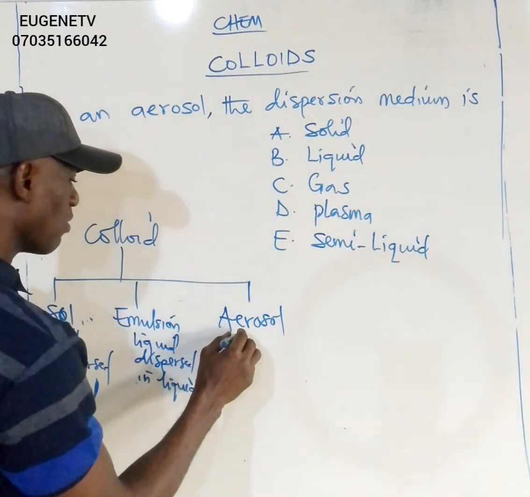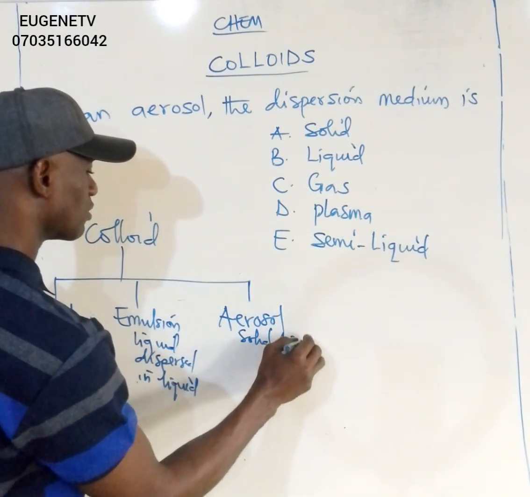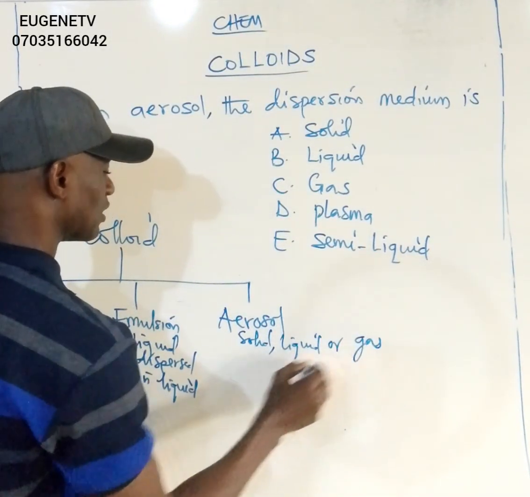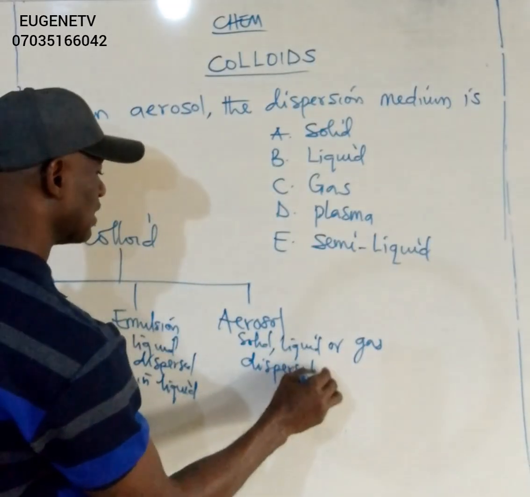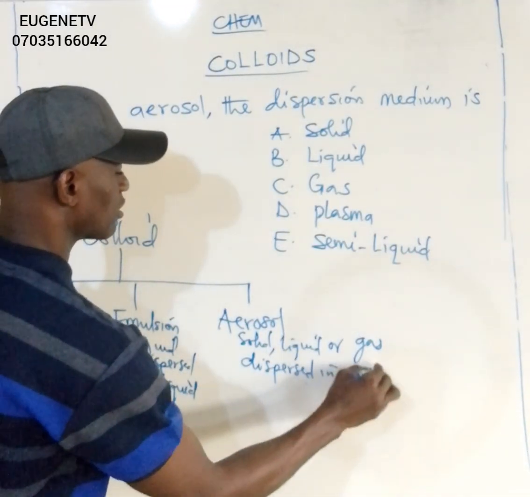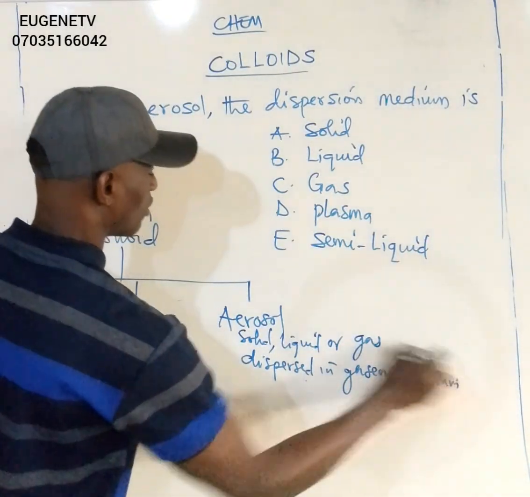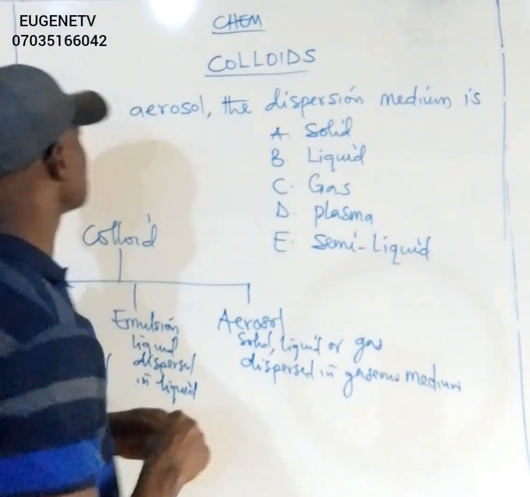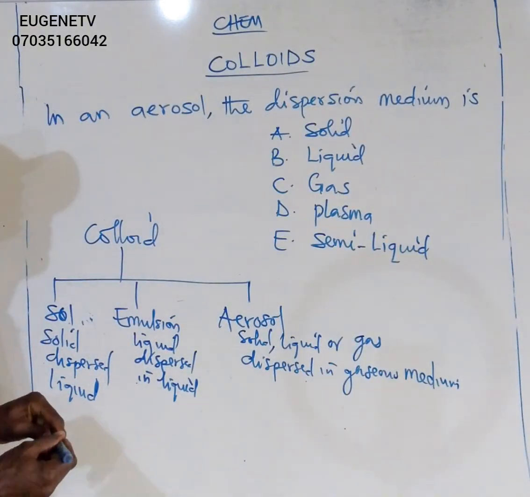Whereas here, when we have solids, liquids, or even gas being dispersed in a gaseous medium, then it is going to give us what is called an aerosol. That simply means that in an aerosol, the dispersion medium is going to be gas.